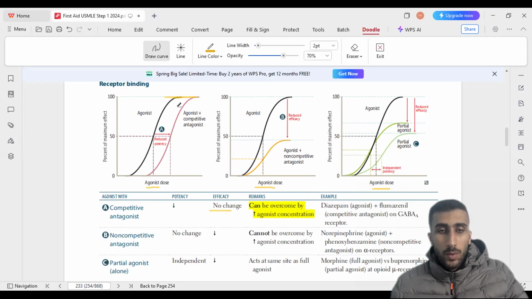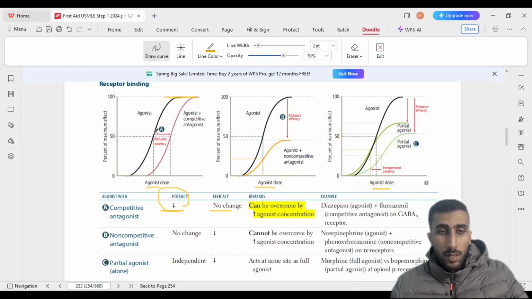It is competing with another drug. If you increase the dose, you will get the maximum effect also, but at a higher dose. So this translates to a decrease in potency. What we mean by decrease in potency is that we need a higher dose to reach the effect.